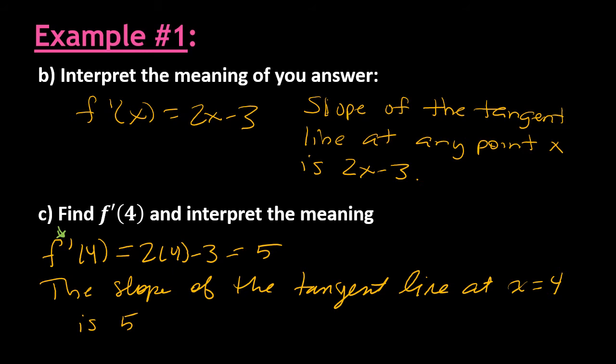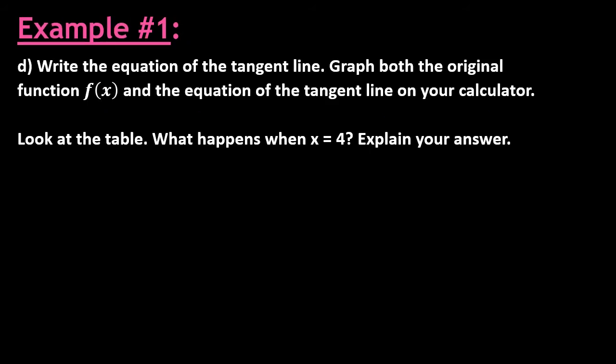So at this point, I really would like for you to get your graphing calculator, and we are going to graph this. We probably need to write the equation first. So we want to graph the original function, and we're going to graph the equation of the tangent line. So the original function was f of x equals x squared minus 3x minus 10.